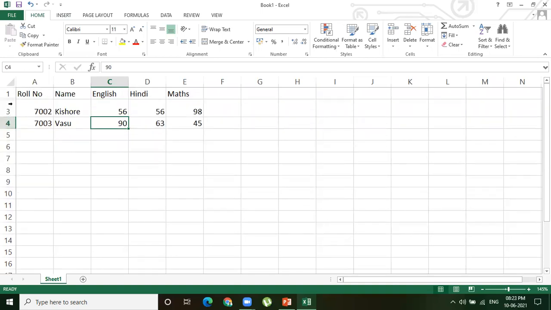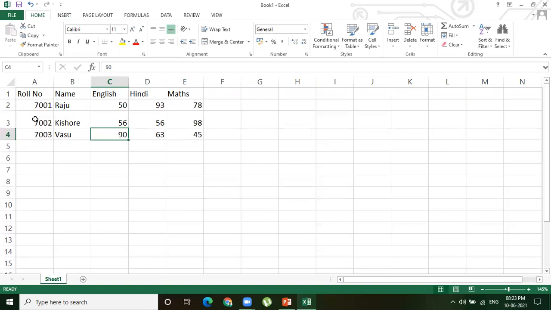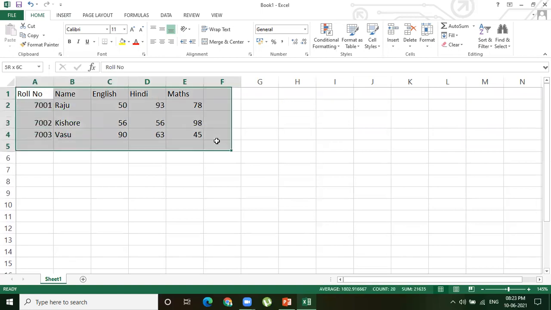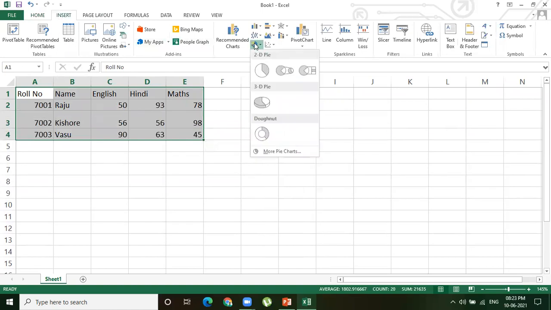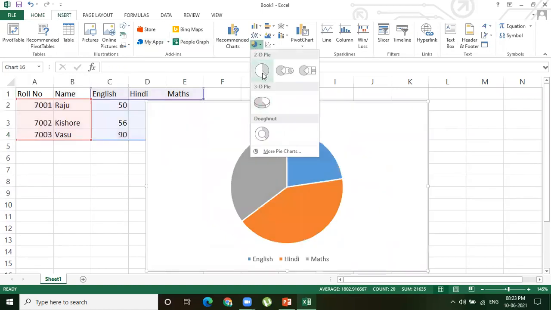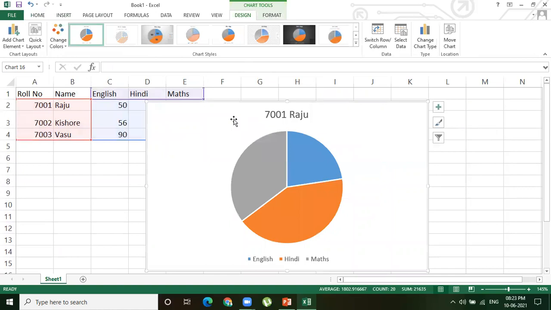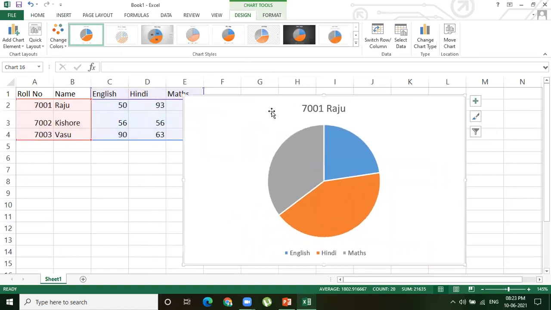So now it is already unhidden. So when you take pie chart, it is going to display only for one student. So that is why here I said it always shows only one data series. It is useful when you want to emphasize a significant element, right?